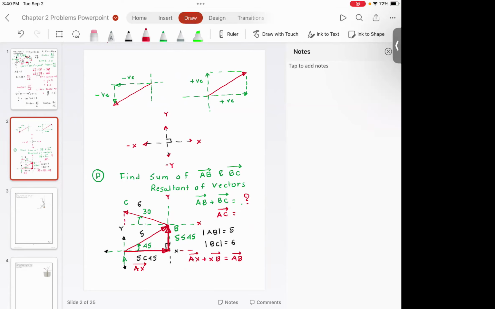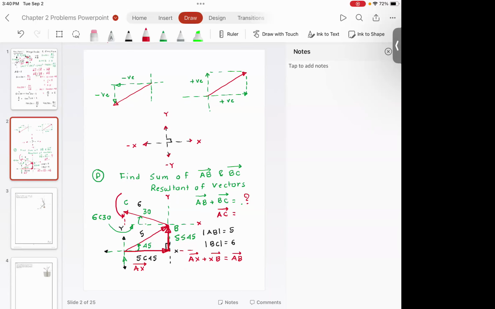Now with the same logic, can someone tell me what is BY? What is BY? Yes, 6 cosine 30. Can someone tell me? Wait, I'm getting there. Not so fast.